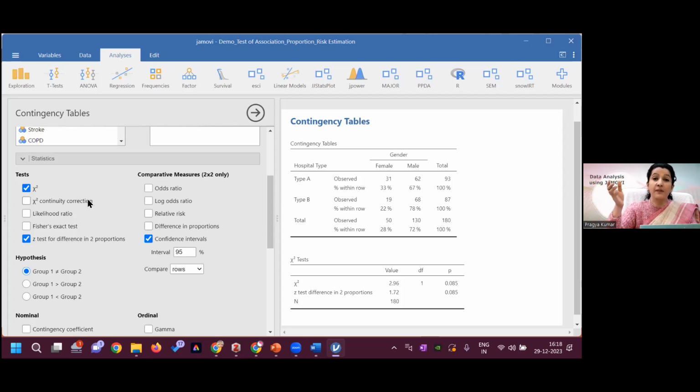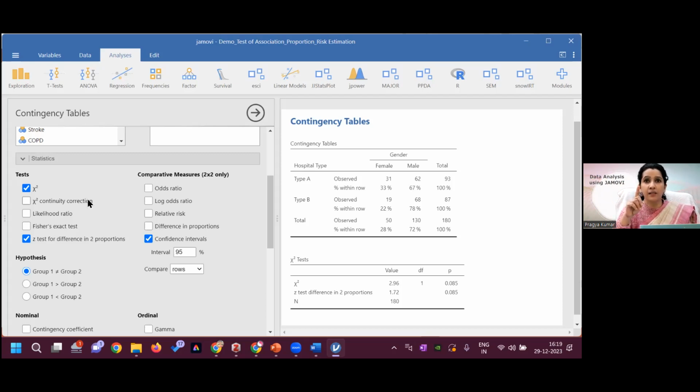So that's why we need to apply continuity correction. Just for understanding, think that if in the individual cell the expected count is less than 5, in 2 by 2, you can go for Fisher exact.